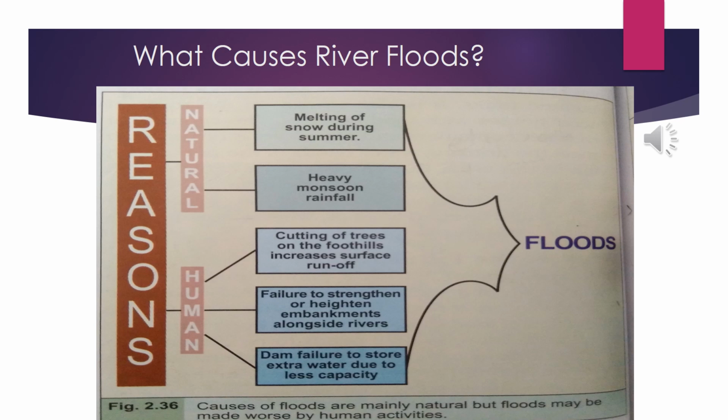So when there is an extreme monsoon system which would cause torrential rainfall, this can lead to river floods because a lot of water, or a higher influx of water, would be in the river and that would cause flooding. The other natural reason is melting of snow during summers.